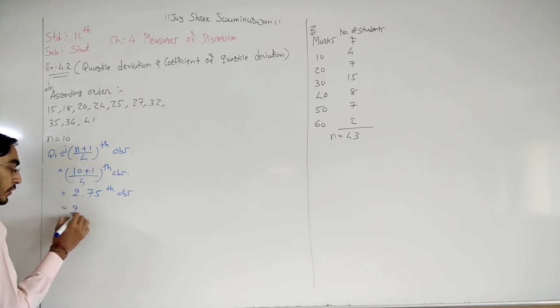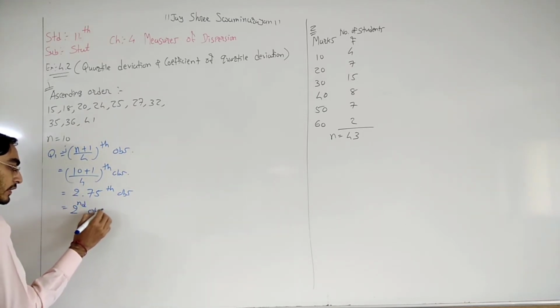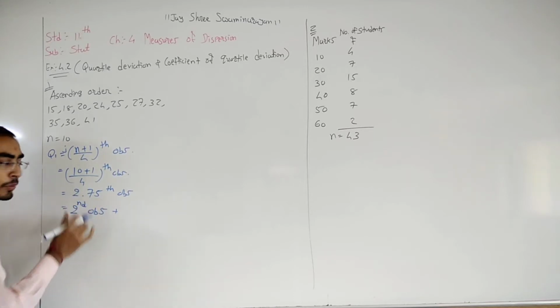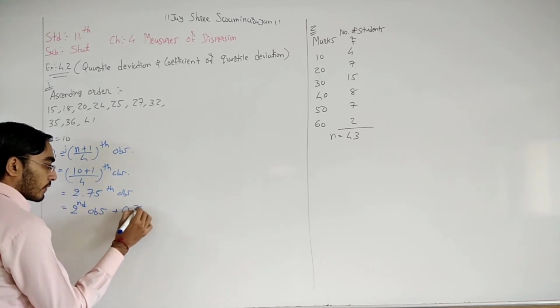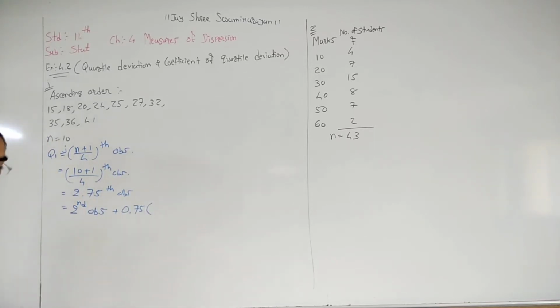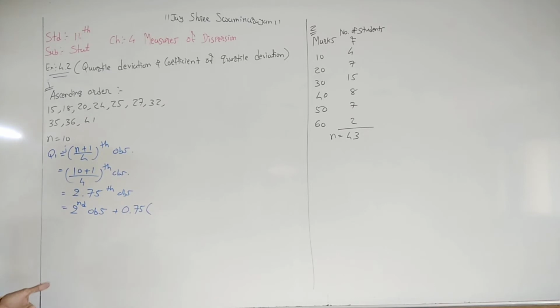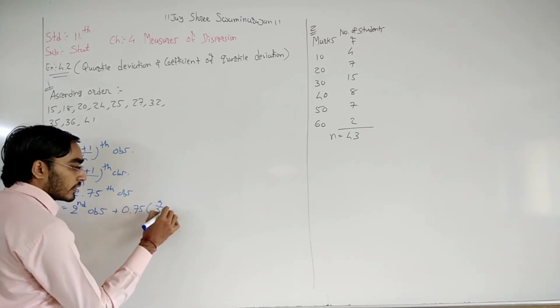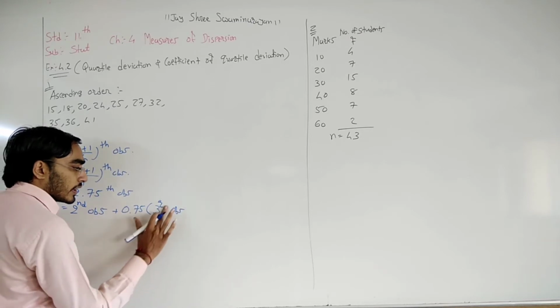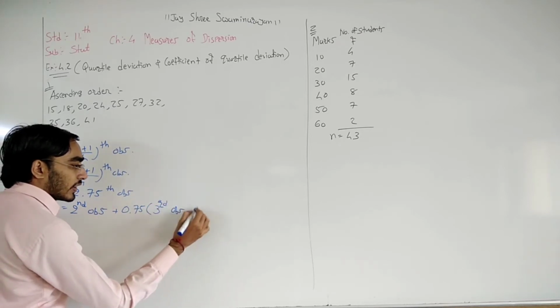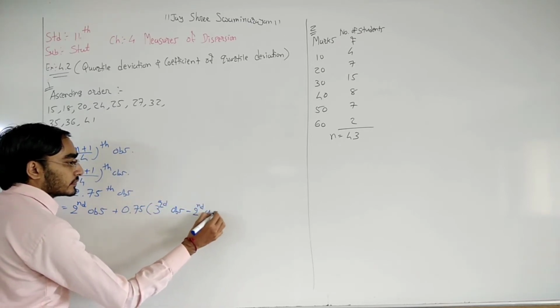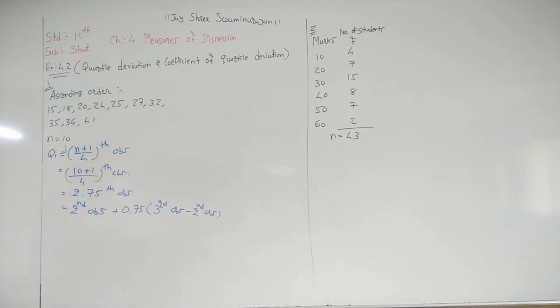So here 2 is there, so second observation plus this 0.75, and here 2.75 lies between third and second. Right? 2.75 lies between 2 and 3, so third observation minus second observation. Okay, this is our Q1.